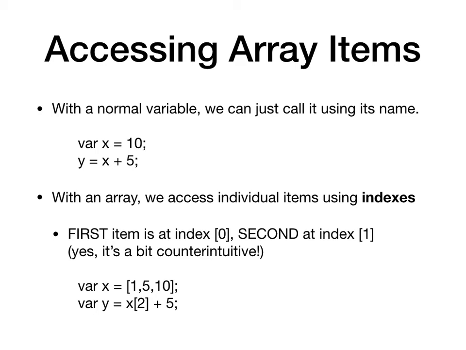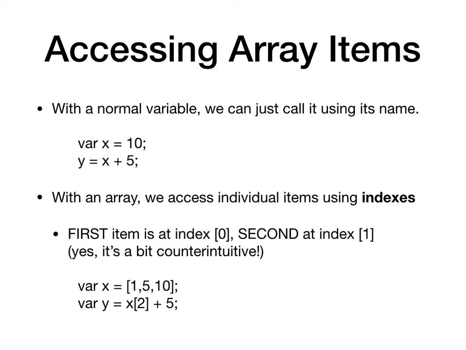So kind of kick yourself out of the idea that item 1 will be at index 1. Index 0 holds the first item. Index 1 holds the second item. Again, I know it's counterintuitive. Some of you will be like, why the hell? But it's important for a lot of subtle, weird, computery reasons. Just roll with it for now.